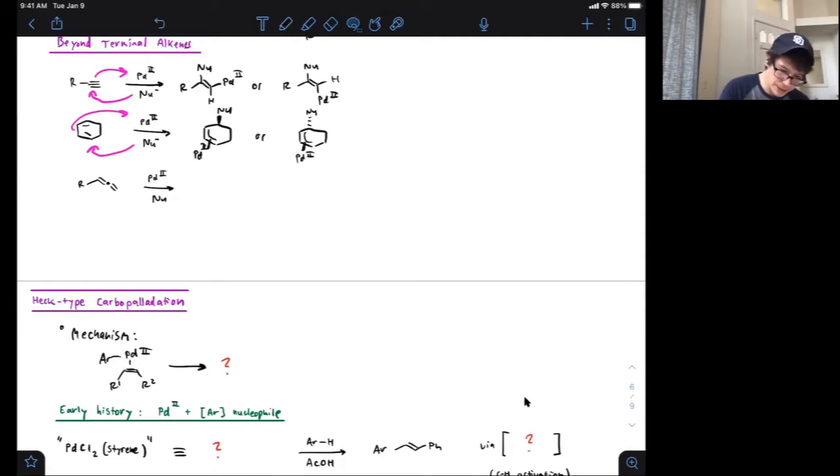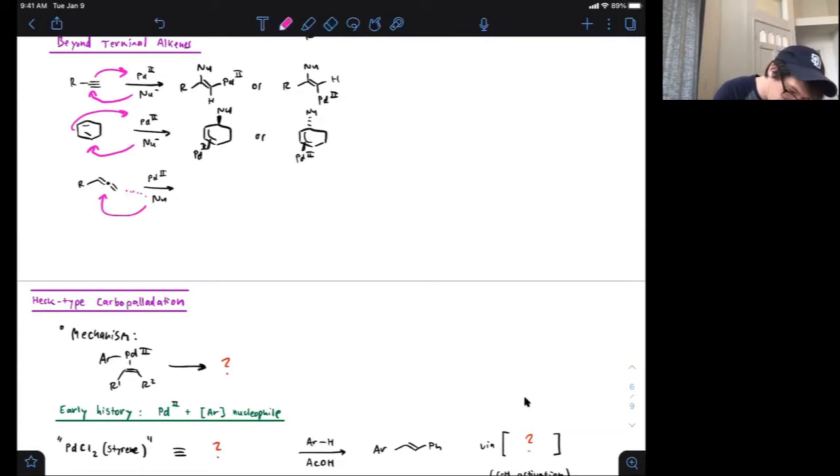And then allenes, though they're a little bit disguised in some way, they end up reacting similarly to 1,3-dienes, and so the nucleophile can either attack at the internal position or at the terminal position. And I would say maybe the internal position might be the more common of the two.